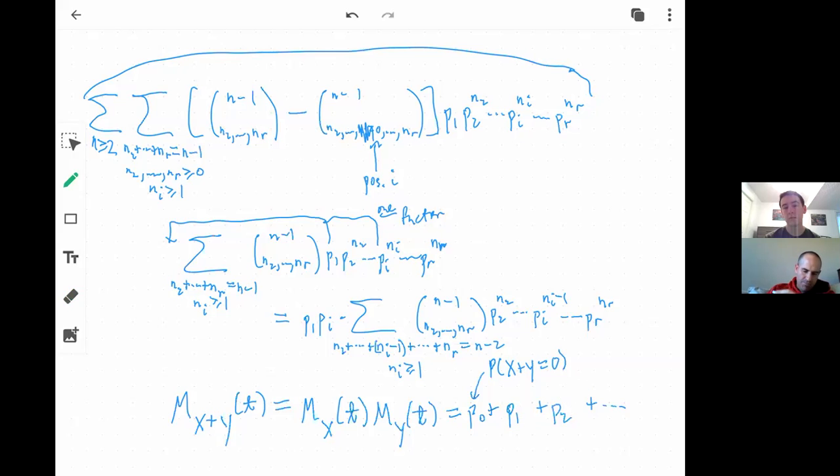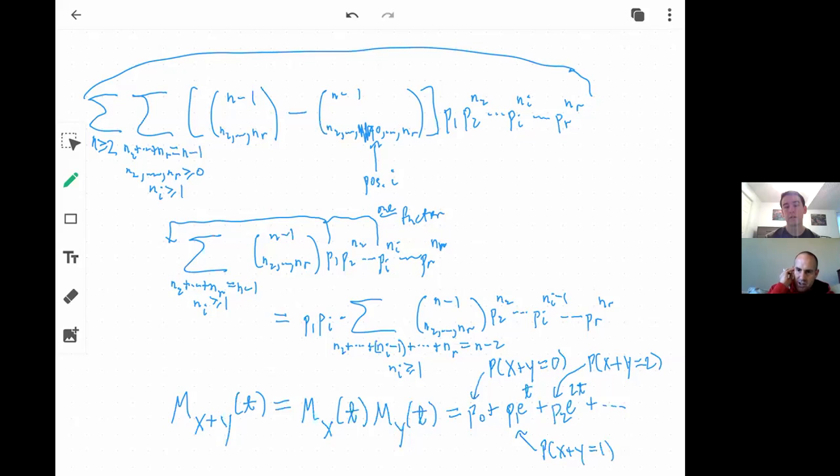It should be e to the t and e to the 2t, etc. So P1, that's the probability that x plus y equals 1. P2, that's the probability that x plus y equals 2, and so on and so forth. Okay?